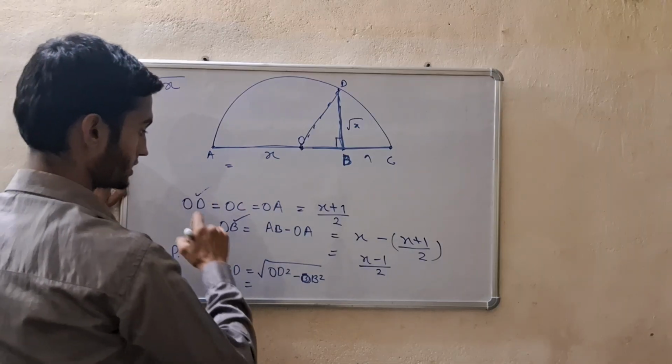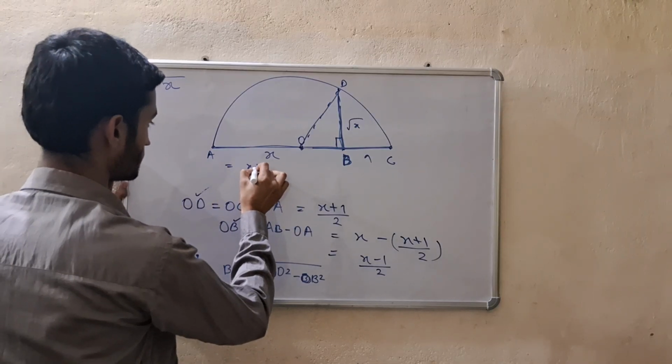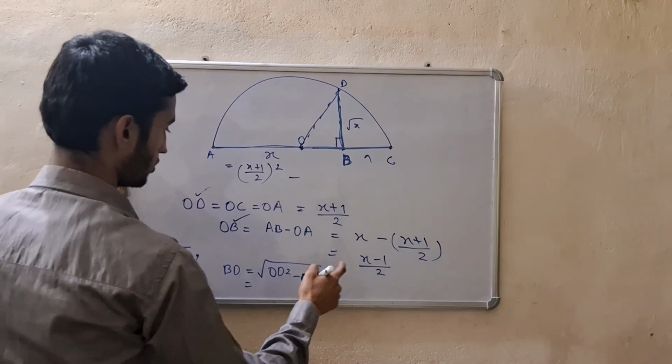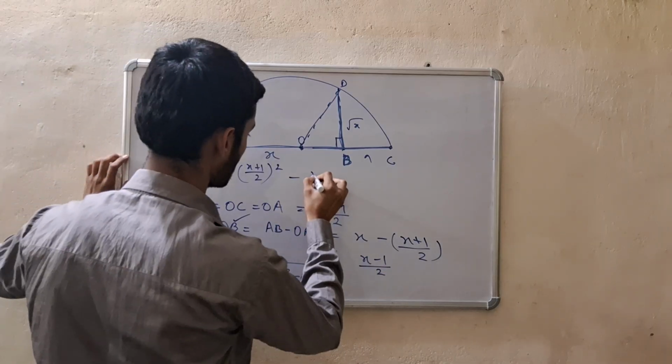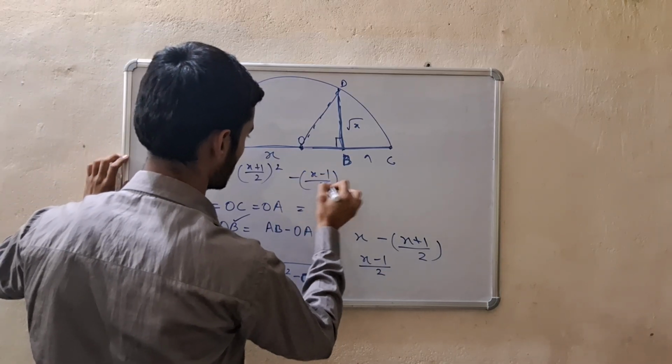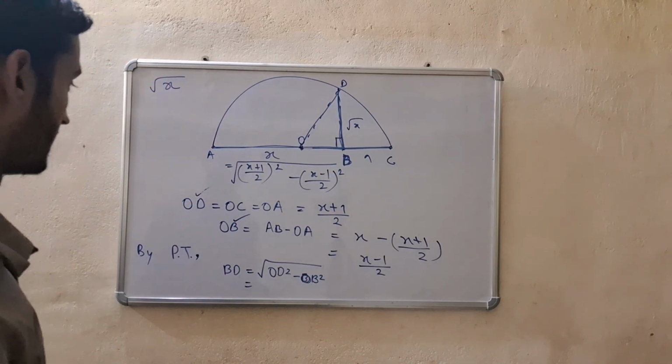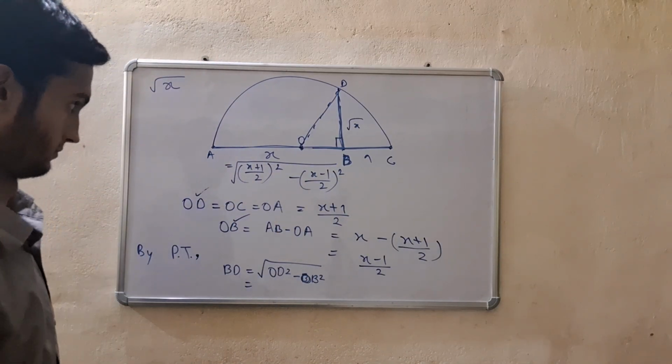So OD is this, ((x plus 1) upon 2) whole squared, minus OB. OB is ((x minus 1) upon 2) whole squared. And then we take the square root of this expression.